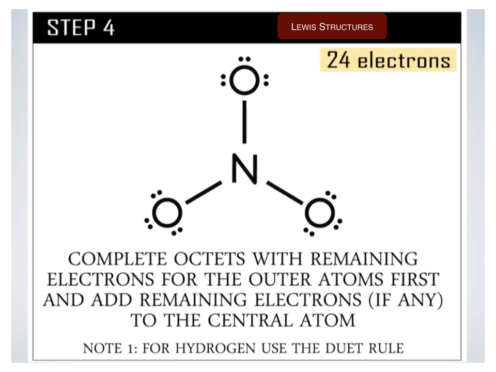And due to its size and relative weak electric charge, it will follow a quartet rule. That is, it will have a total of 4 electrons around it. Boron, again due to its size and weak electric charge, will follow the sextet rule, having only 6 electrons around it. However, these are the only really notable exceptions.